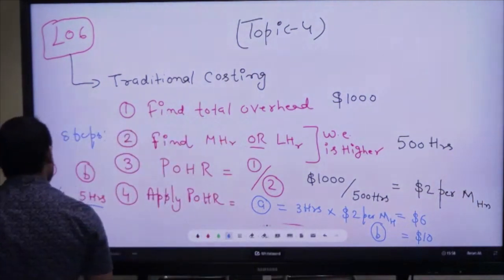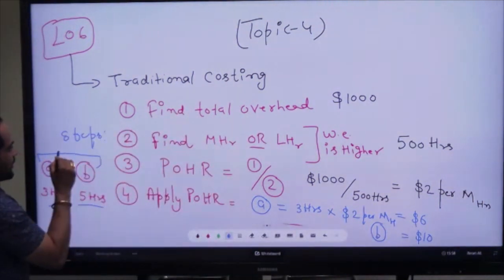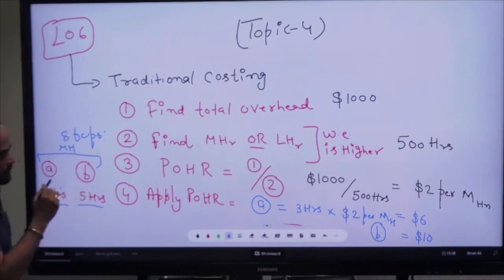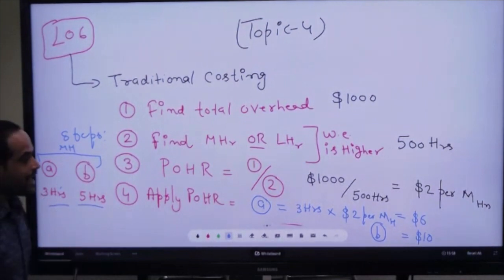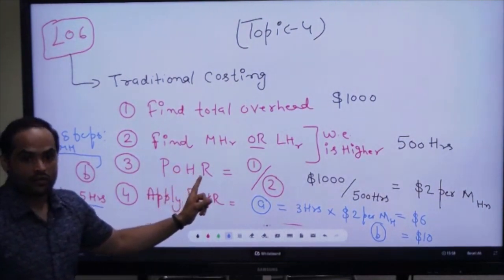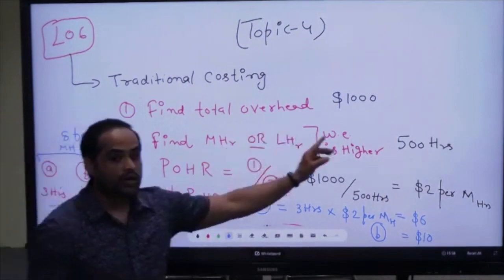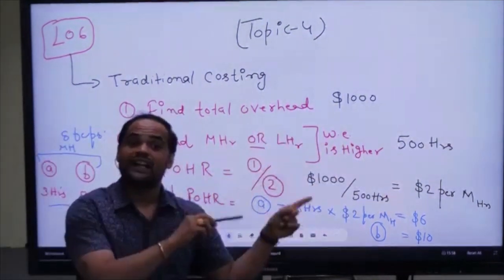In that case, do not use these machine hours. Why? Because our predetermined overhead rate is based on labor hours, so you have to find labor hours.